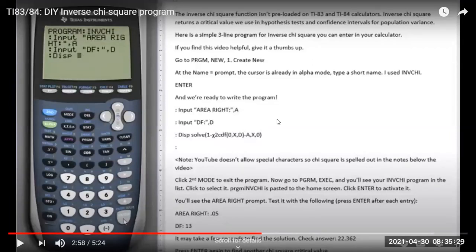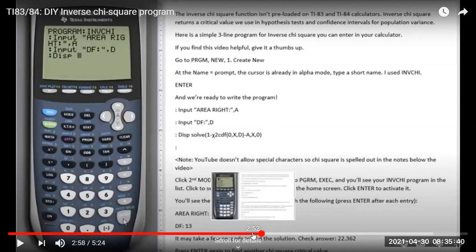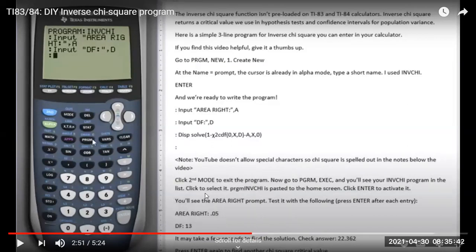So display, DISP, is program, IO, DISP. It's in the same category with input, but it's number 3 instead of number 1 for input. Let's go on.